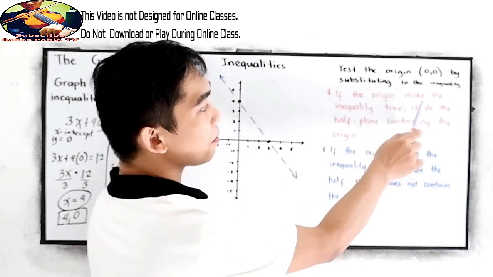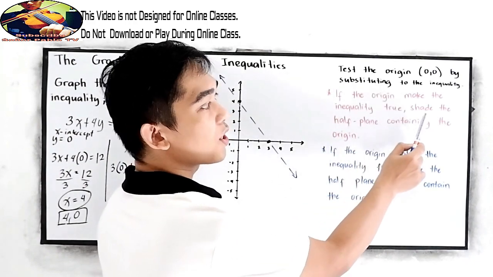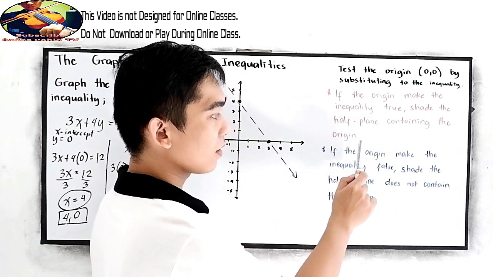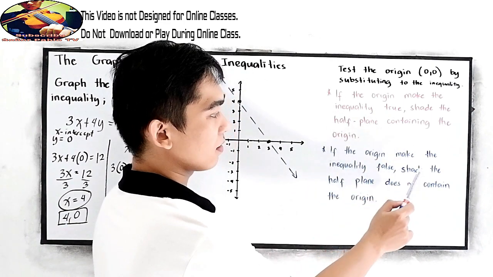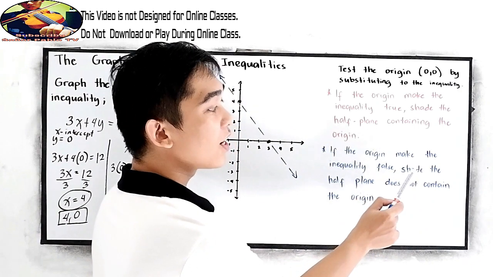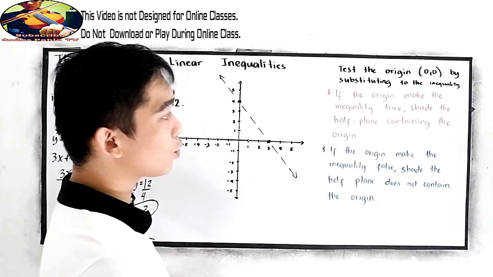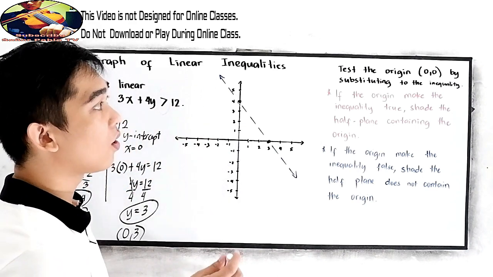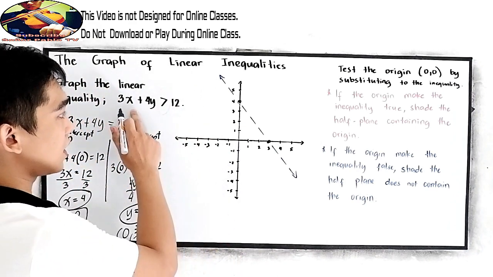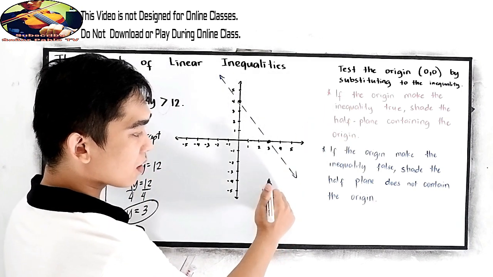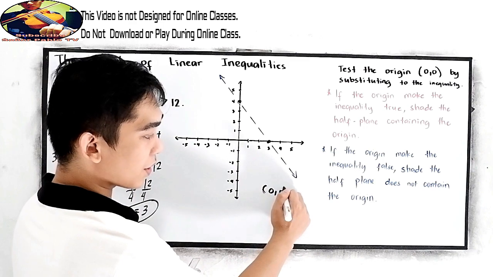If the origin makes the inequality true, shade the half plane containing the origin. If the origin makes the inequality false, shade the half plane that does not contain the origin. So we need to test our linear inequality. The origin is (0, 0).